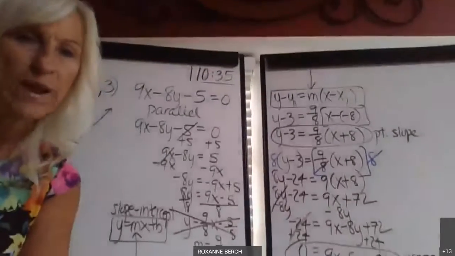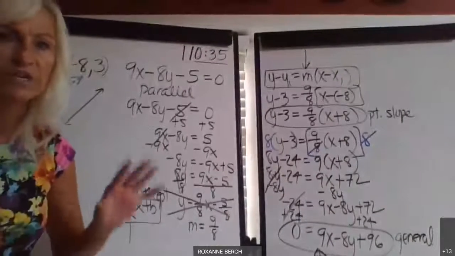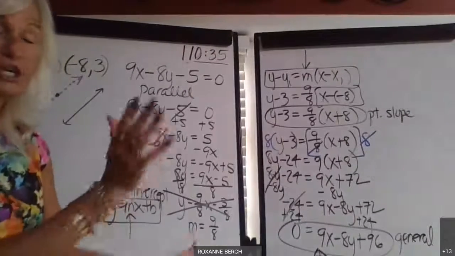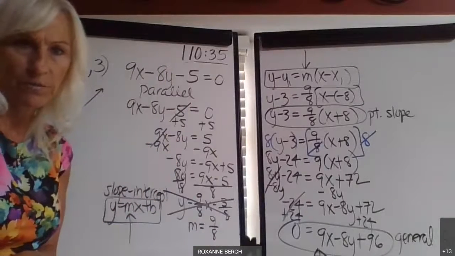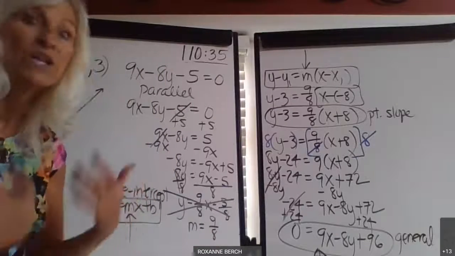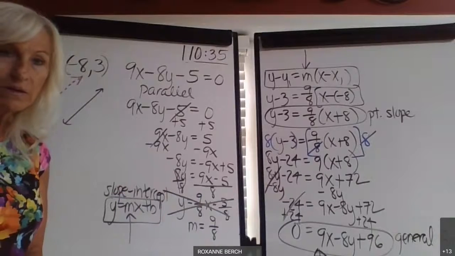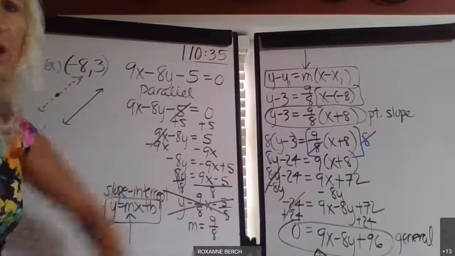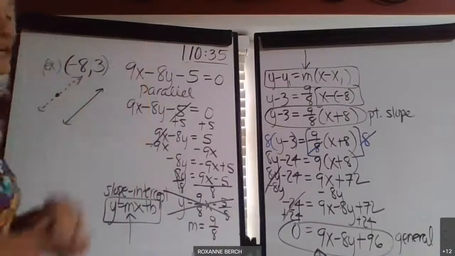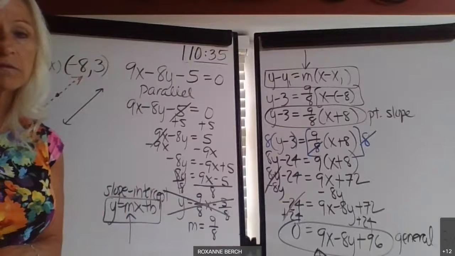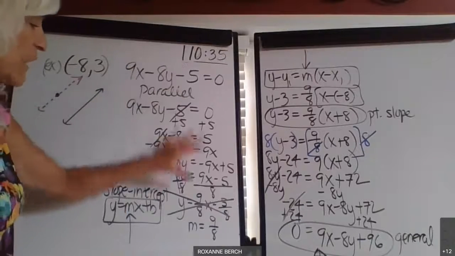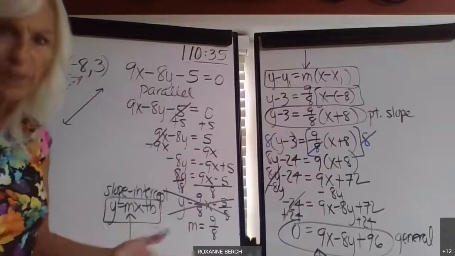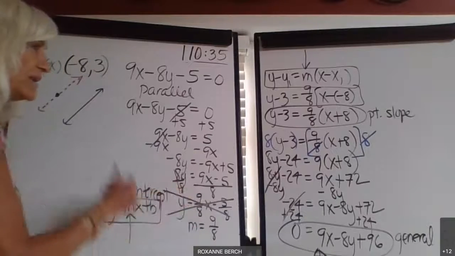Okay, listen, this is what I would do. Turn your paper over and just try to do this problem on your own. If you get stuck, look at your paper. So don't try to do a new problem. Try to do this problem by yourself. And see if you can write this equation in slope intercept form and get the slope, and then look at your paper and see that you got it.